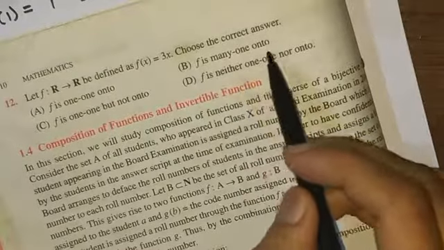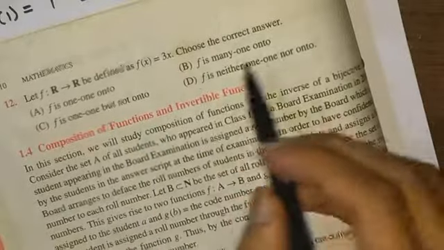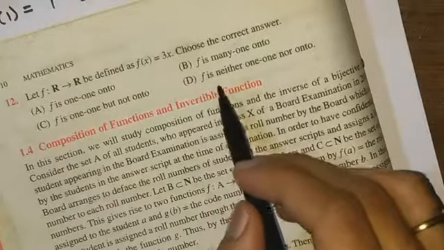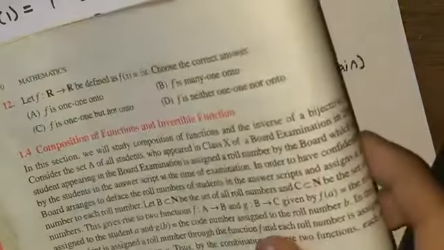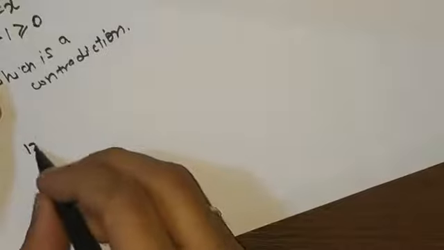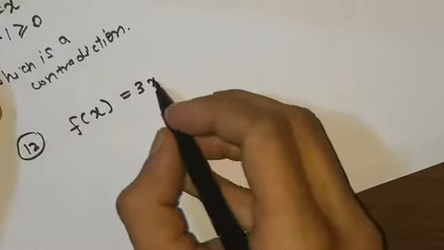Option B is f is many-1 onto. Option C is f is 1-1 but not onto. Option D is f is neither 1-1 nor onto. So the function given in the 12th problem is f(x) = 3x.